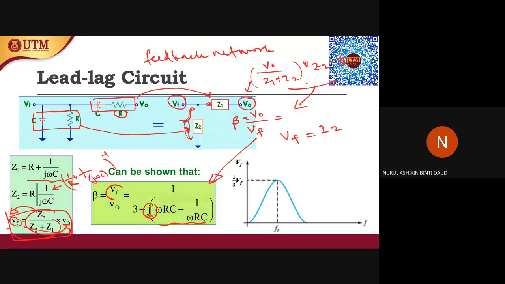To make sure the gain is a real number, the phase shift should be 0. These are the conditions to make sure that the gain beta is a real number.